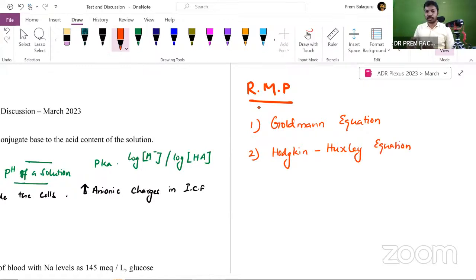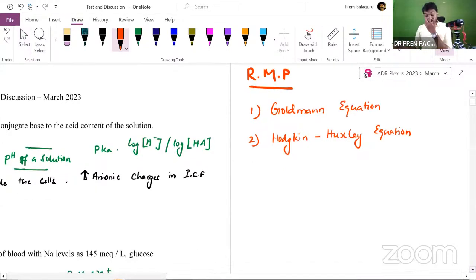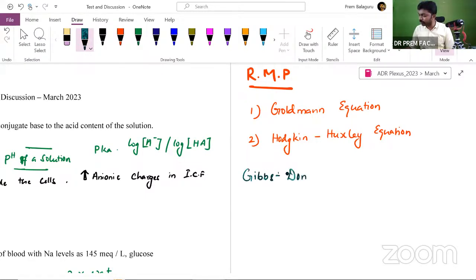So these two equations are for resting membrane potential, whereas the Gibbs-Donan effect explains why there is more potassium inside the cell. All right, it's a simple expression when it comes to the Gibbs-Donan effect. Please be aware of this as well.